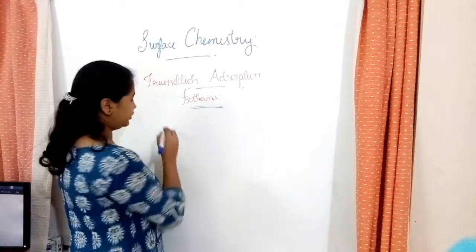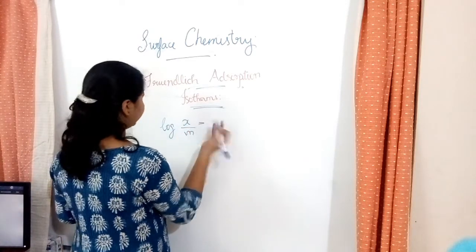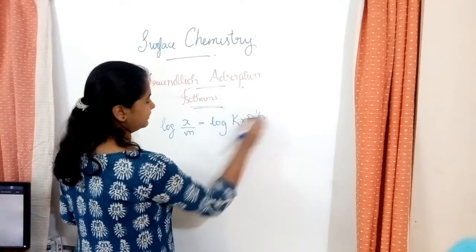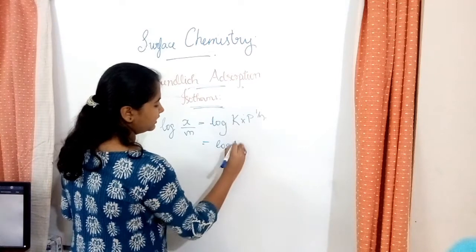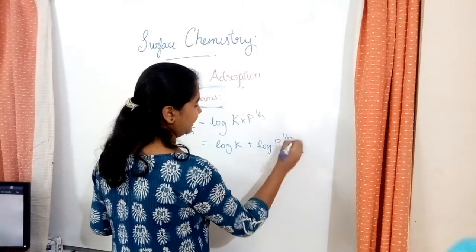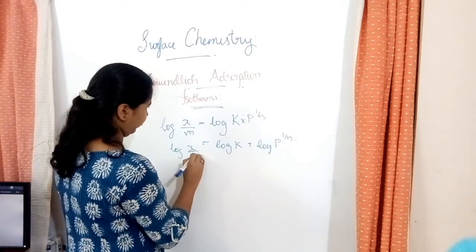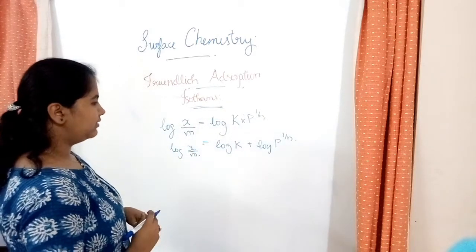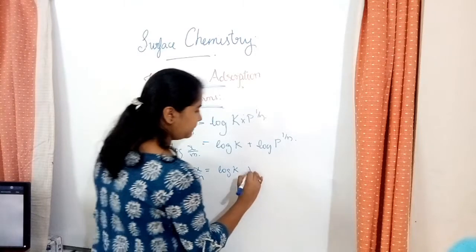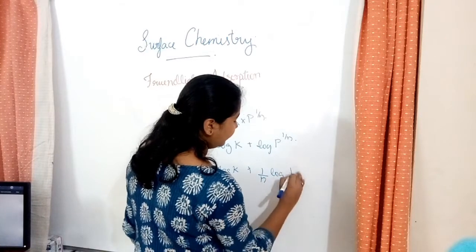So log x by m is equal to log k into P raised to 1 by n, which is log k plus log P raised to 1 by n. Now log x by m is equal to log k plus 1 by n log P.